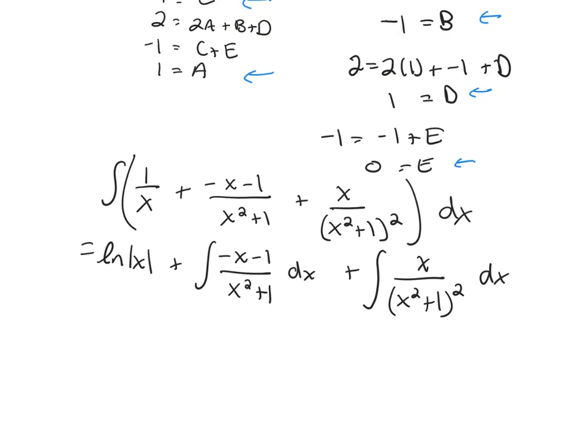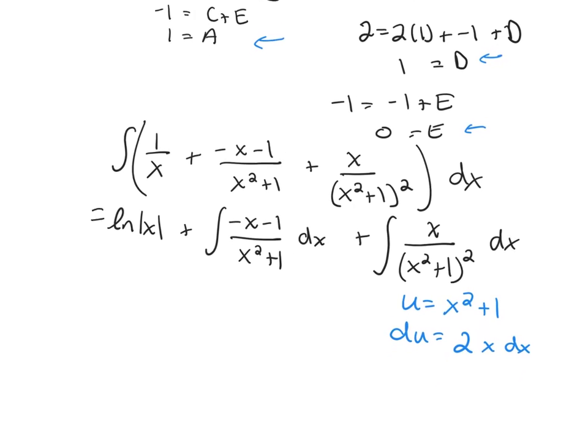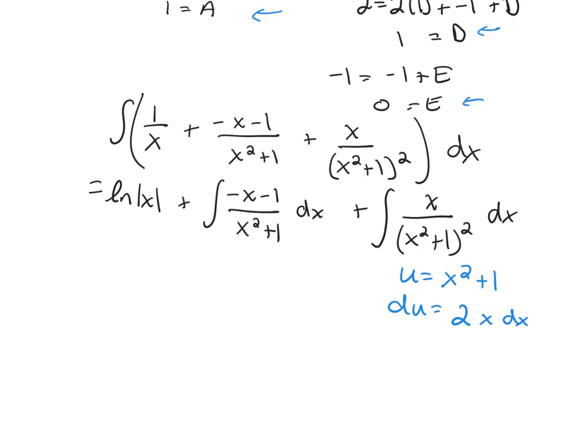So I'm gonna let u be x squared plus 1, du is 2x dx. Okay, and let's plug it in to our integral. So we can now hopefully evaluate that last integral.